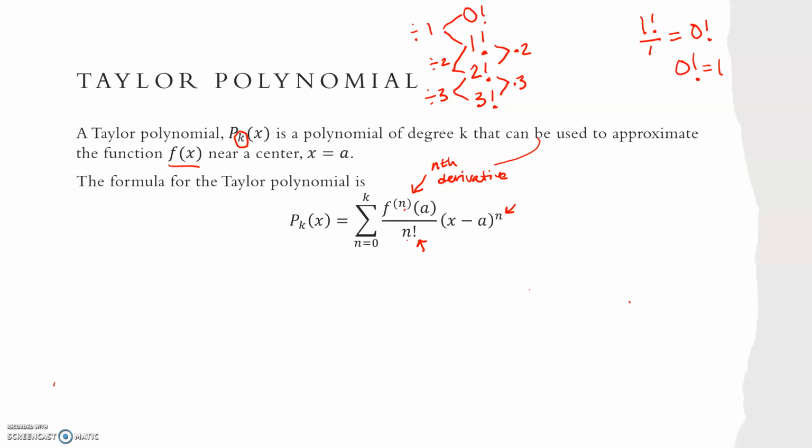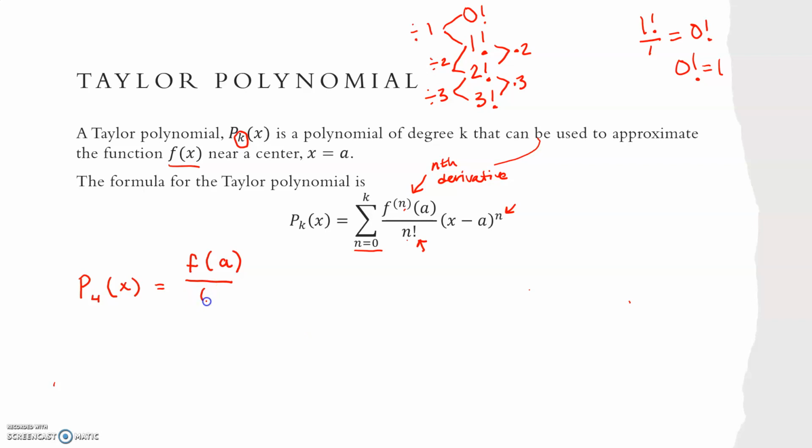Okay. All right, so anyway, let's say I would like to write a 4th degree Taylor polynomial for some function f of x. What that means is I'm going to start at 0, and I would take the 0th derivative. The 0th derivative would be the function itself. I'm going to plug in a to that function, and I'll get a value.